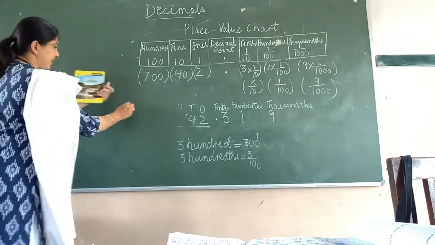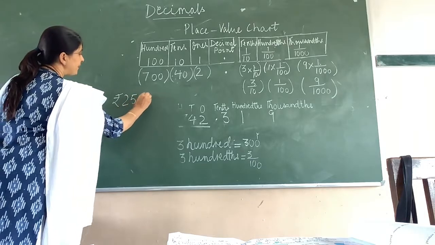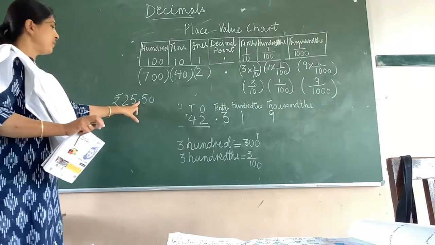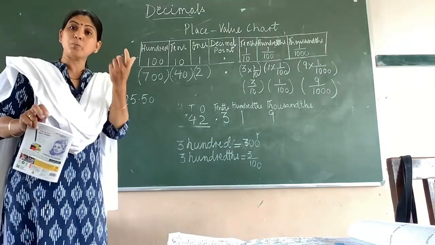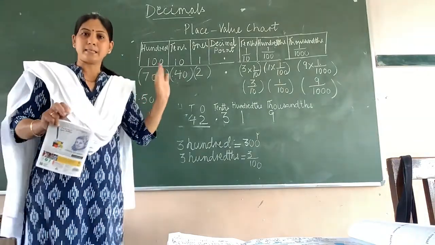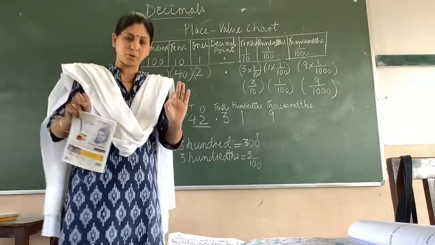Then we use decimals, because the digits will not only be in whole numbers. We might have decimal digits also.